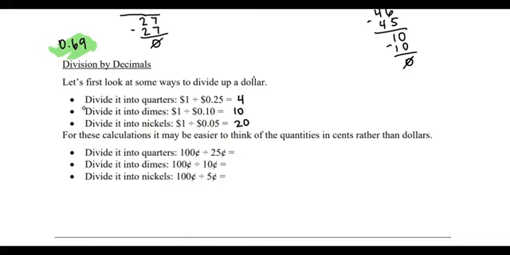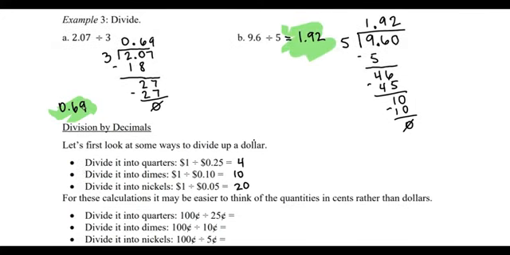Notice that when you divide by a decimal, you started with a 1 divided by 0.25, you got a 4. You divided by 0.10, you got a 10. You divided by 0.05, you got a 20. So the smaller the decimal, the larger the answer is going to be. And as a rule, when you divide by a decimal, you're going to get a bigger number as the result.